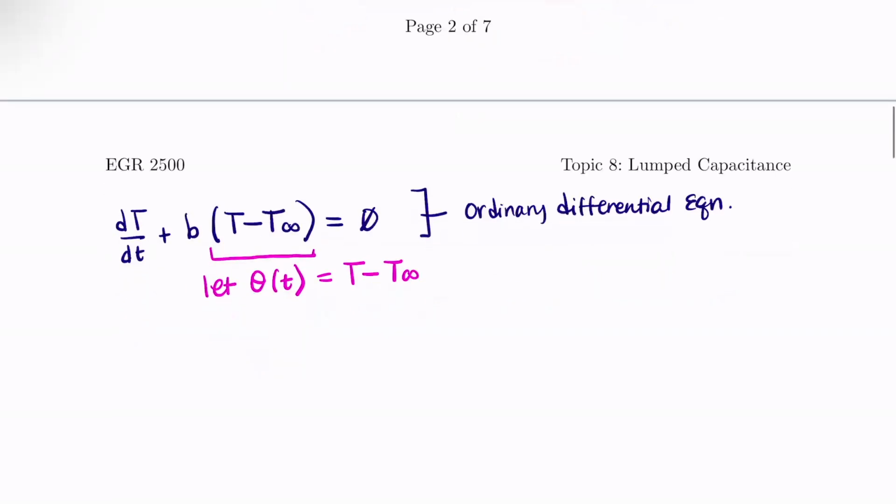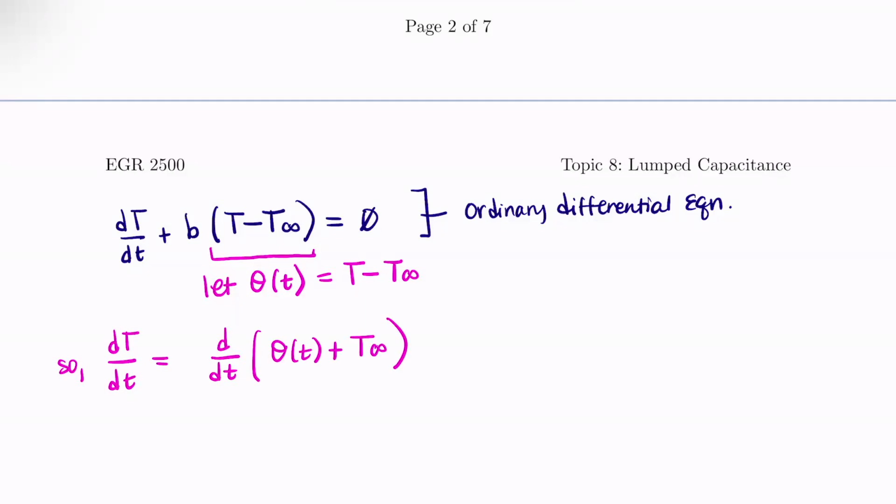So that means that I need to do something with dT/dt. I can write this in the following way. I can just solve the equation that I have for theta for T and substitute it back in here. So I can say that T is equal to theta of t plus T infinity.